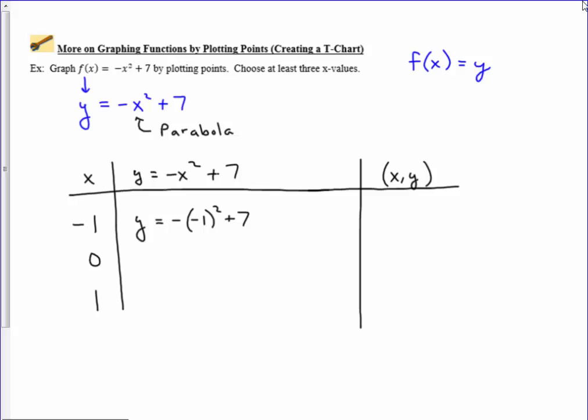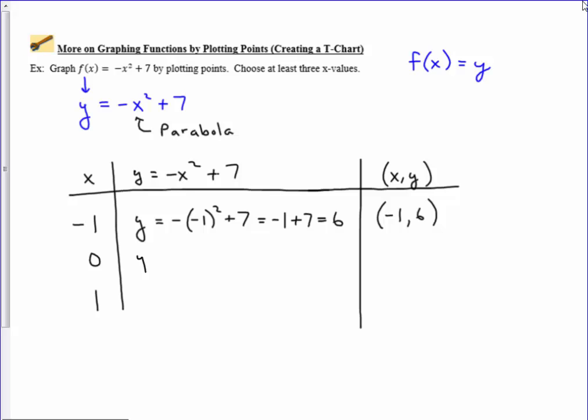Negative 1 squared is positive 1, but because there's a negative in the front, it would become negative 1. So you'll have negative 1 plus 7, which equals 6. Then pair your x with your y. You plugged in negative 1 as your x, you're getting out 6 as your y.